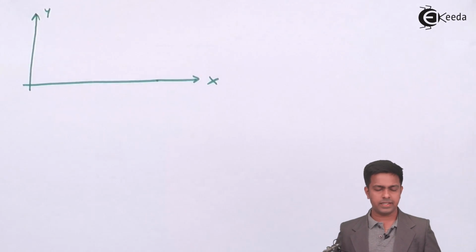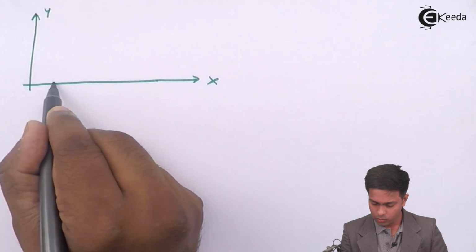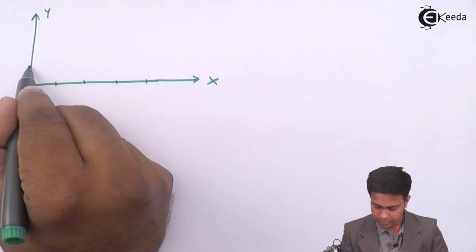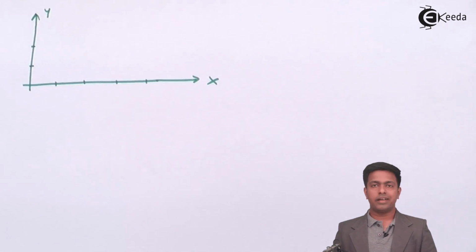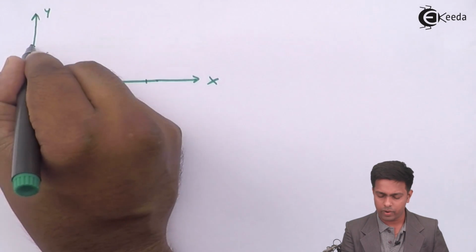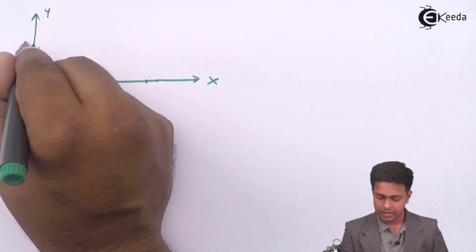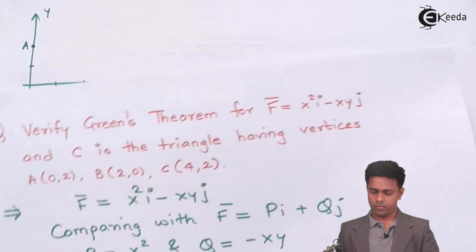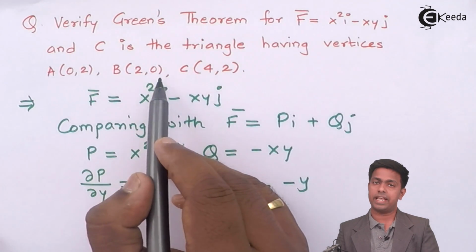The first point, that is A, is (0, 2). Let's say this one is 1, then 2, 3 and 4. The first point (0, 2) will lie on the Y axis because the X coordinate is 0. So this is A. Let's find B. Here B is given as (2, 0), which will lie on the X axis.